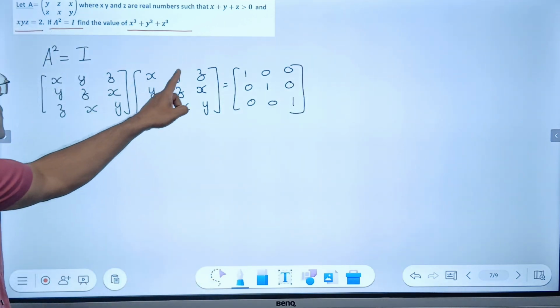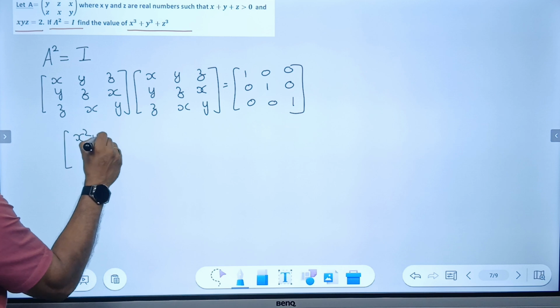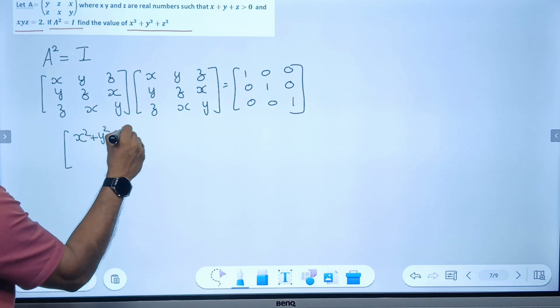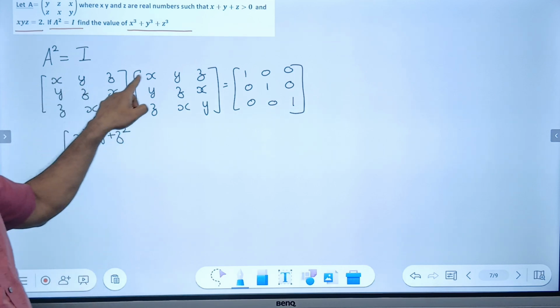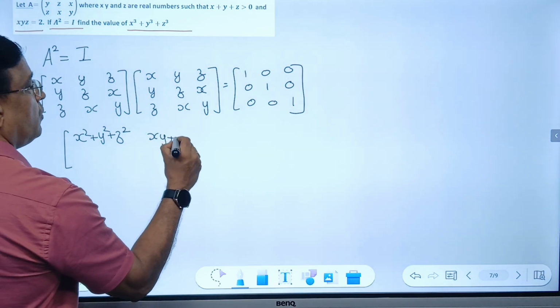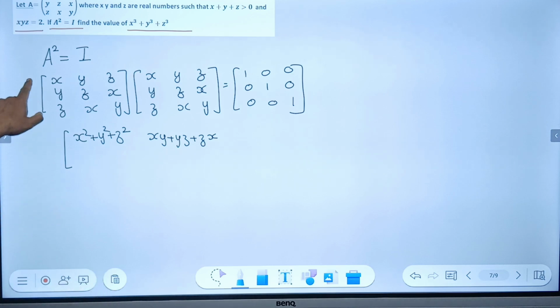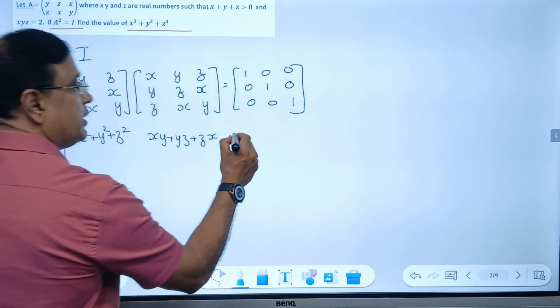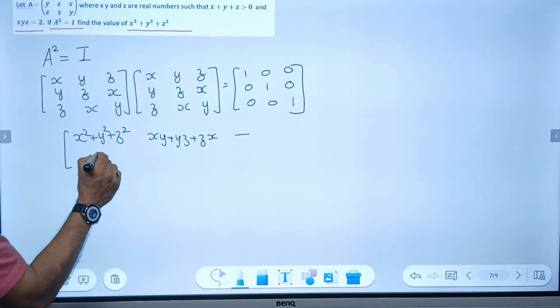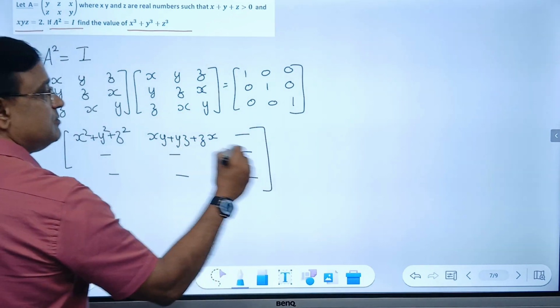Now multiply first row, first column. I get x square plus y square plus z square, which you should know, matrix multiplication. First row, second column. What is that? xy plus yz plus zx. Okay. Then first row, third column. I don't care. You don't have to do all this. I just need these two.